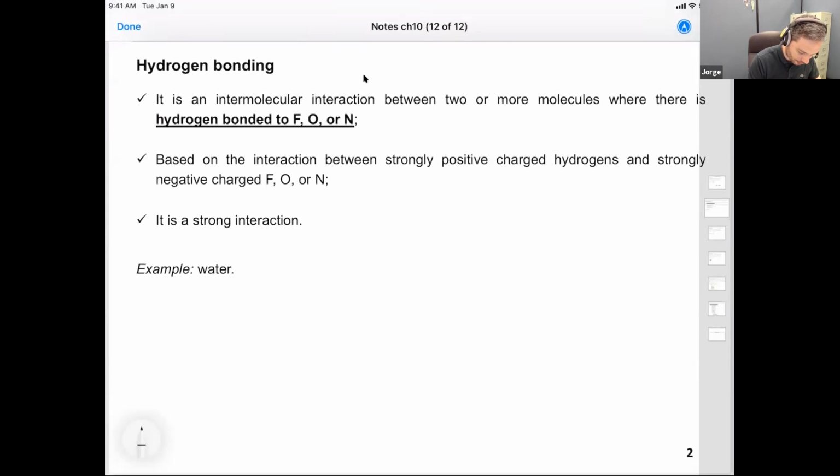So let's have here as our example, the water molecule. Let's remember the electronegativity scale.